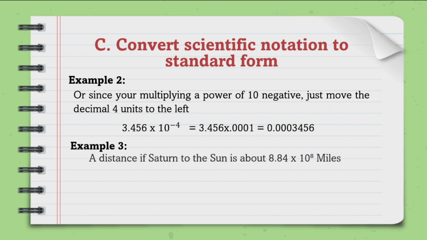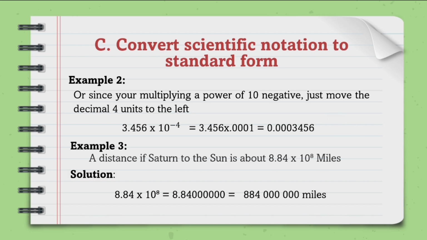And we have here example 3: the distance from Saturn to the Sun is about 8.84 times 10 raised to 8 miles. Solution: the equivalent of 10 raised to 8 is 100 million.